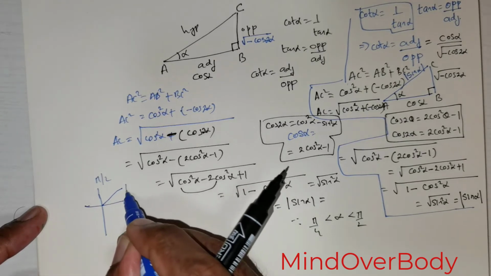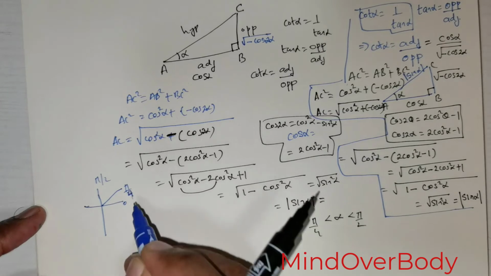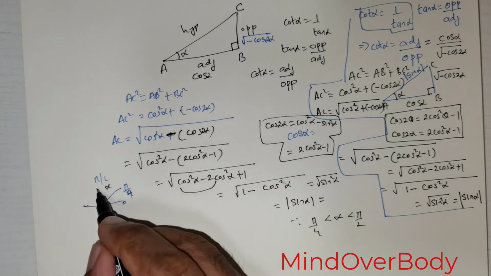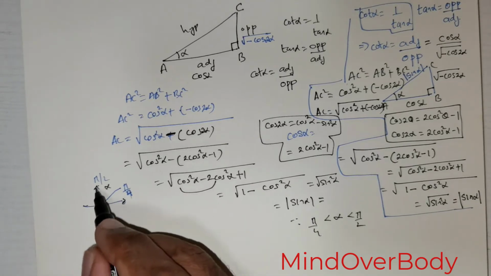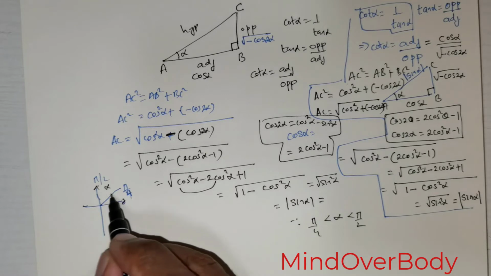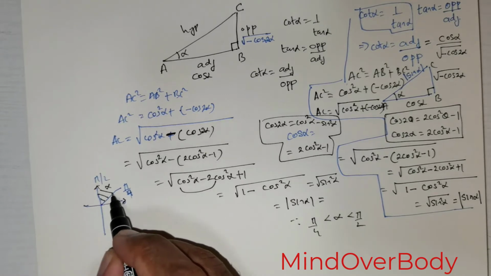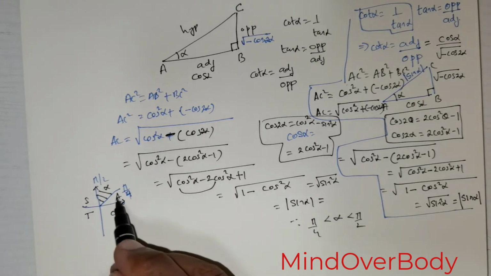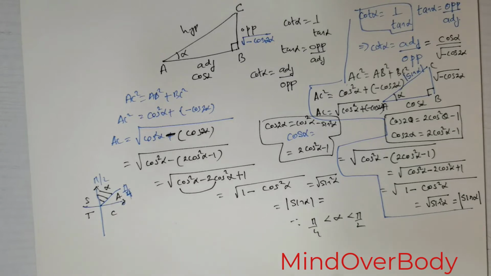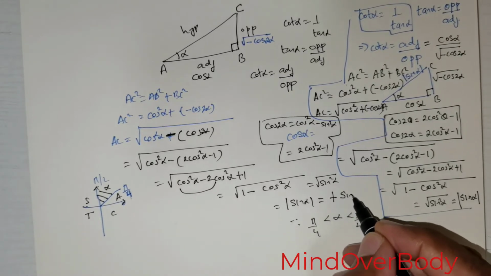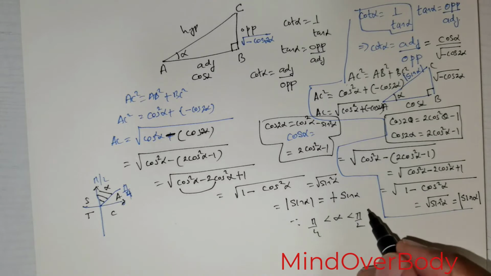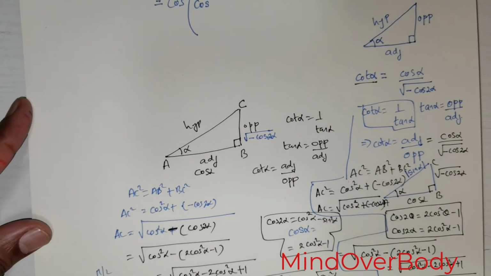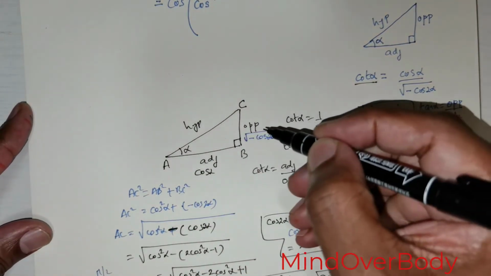So we are looking at a region in this fashion, pi over 4 to pi over 2, and alpha is present between these two regions which we have indicated here. Now in this case, all ratios are positive here. So this is going to be opening up with a positive sign. So I did all these things to extract the value for AC. So what is AC? AC is actually sine alpha.